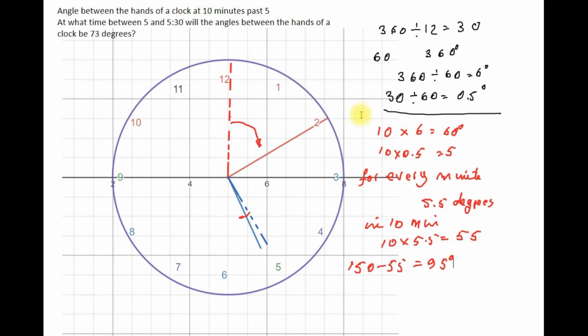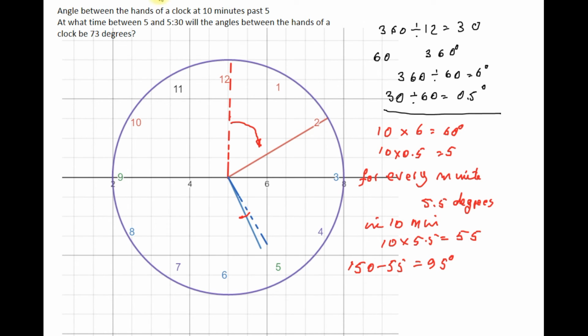So the net change is always 5.5 degrees for every minute change in the angle. So in 10 minutes, that angle has been reduced by 55 degrees, which means at 10 past 5, the angle between the two is going to be 95 degrees.